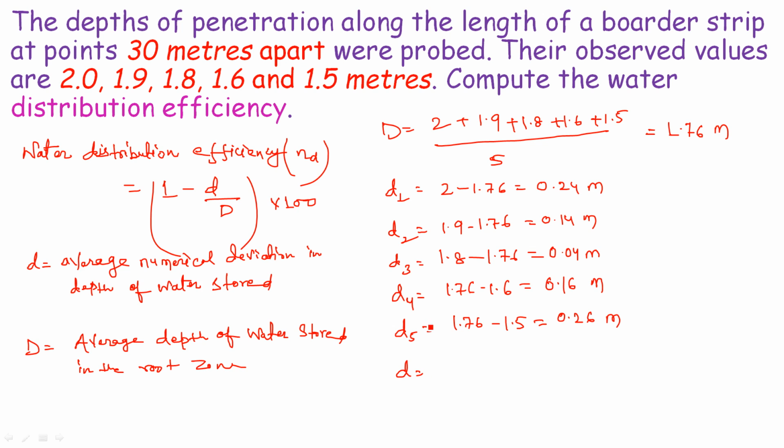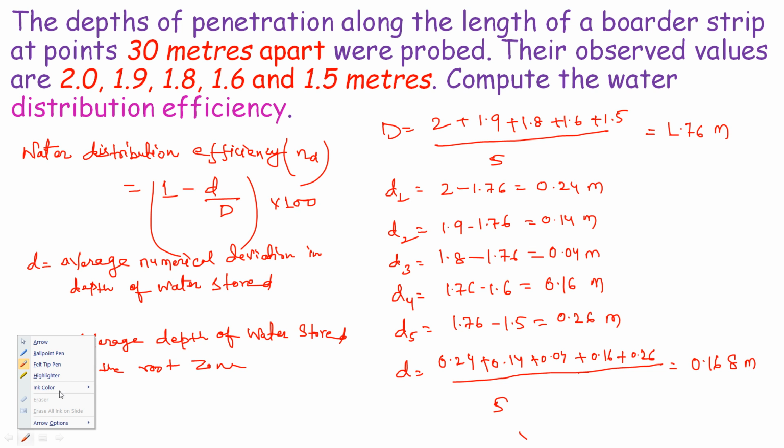So small d is equal to the average of these 5 data, that is 0.24 plus 0.14 plus 0.04 plus 0.16 plus 0.26 divided by 5. If we calculate this, we will get small d is equal to 0.168 meter.